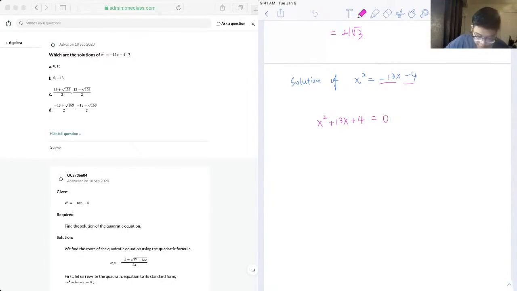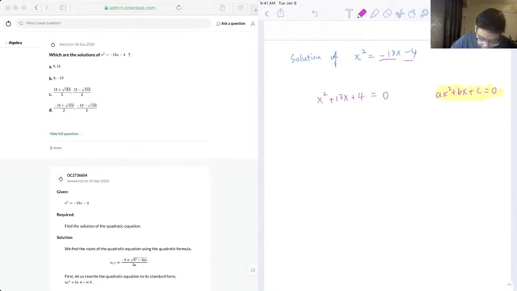And now it follows the form of ax squared plus bx plus c is equal to 0. The reason why we're converting this is because we want to apply the quadratic formula.